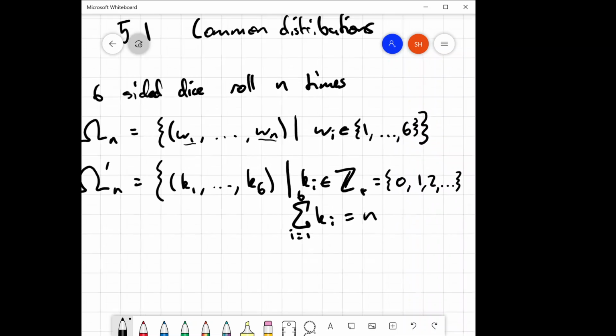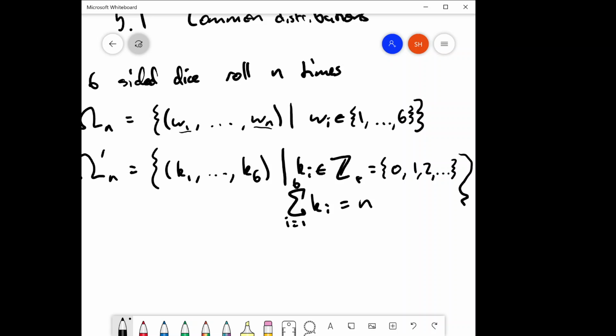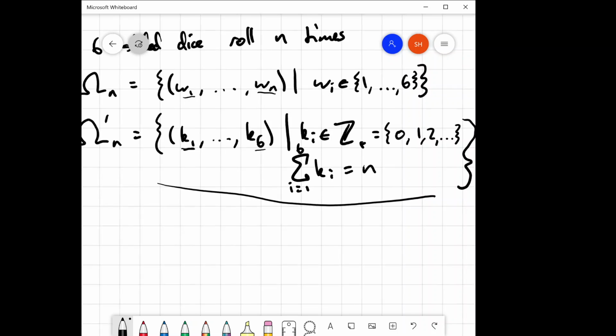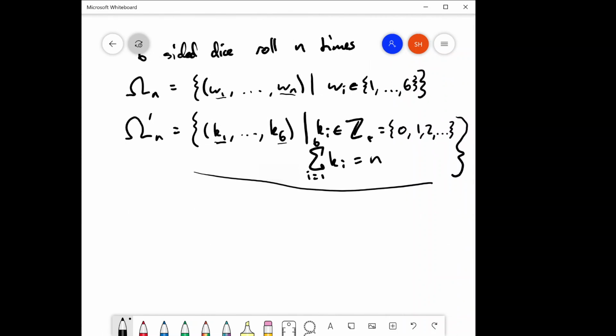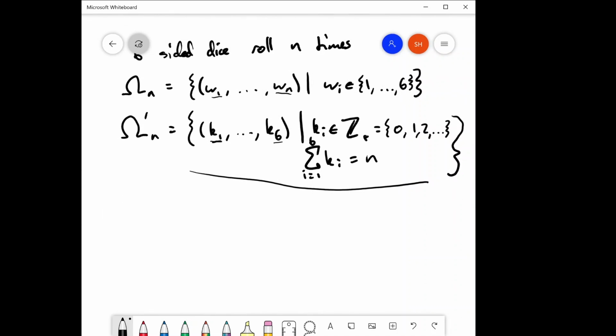Here we can think of this set as modeling only recording how many ones we saw in the n rolls, how many 6s we saw in the n rolls, and everything in between. Now, these are both perfectly good probability spaces.